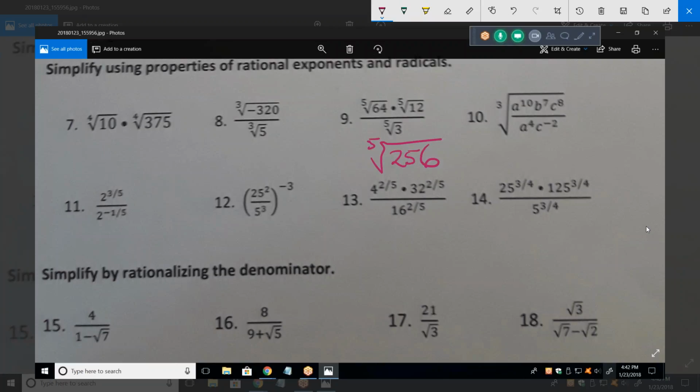What is that in your calculator? Is that 2? That's not 2. 2 to the 5th is 32. It's not 3. It might be 4 to the... No? Okay. Is that a decimal also?